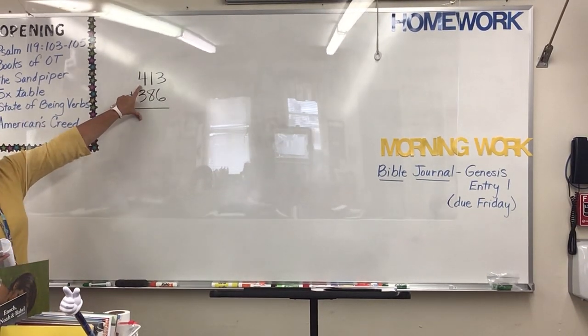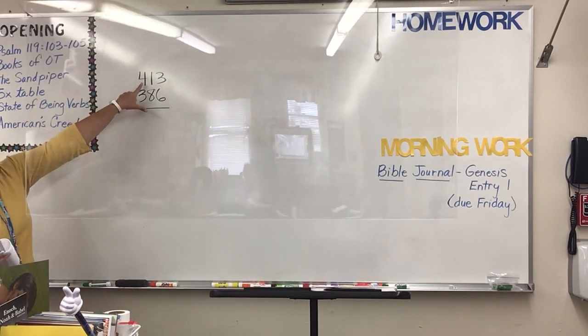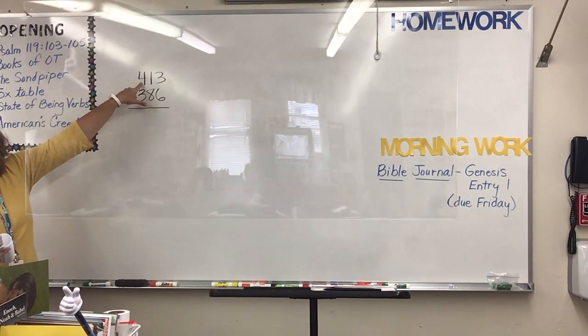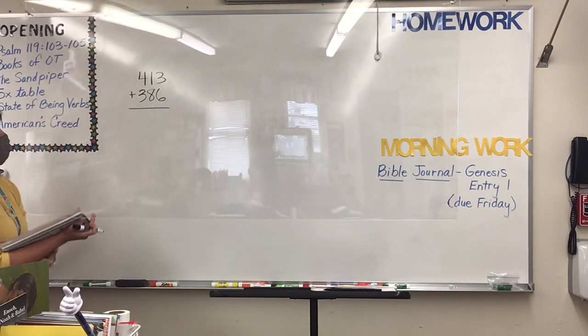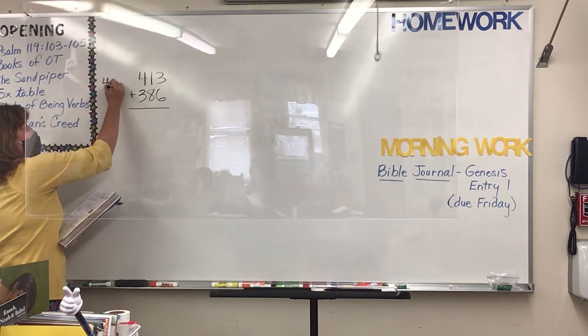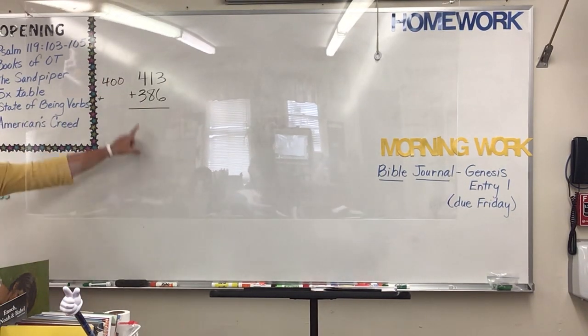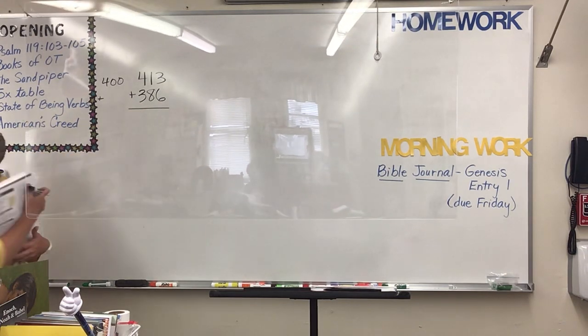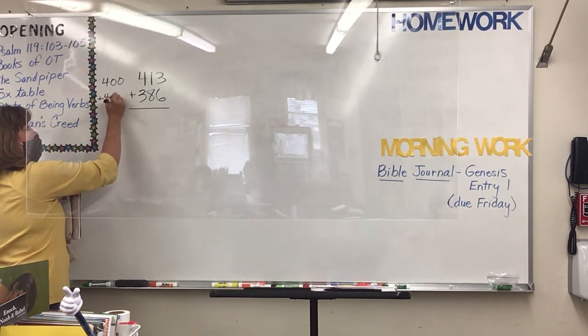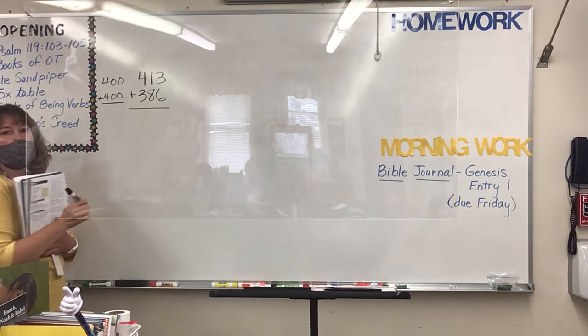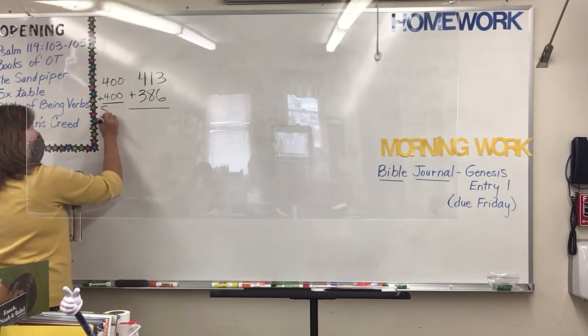So our 4 is in our hundreds place. Are we going to round up to 500 or down to 400? 400. And then what about 386? Round up to 400. So what's 400 plus 400? 800.